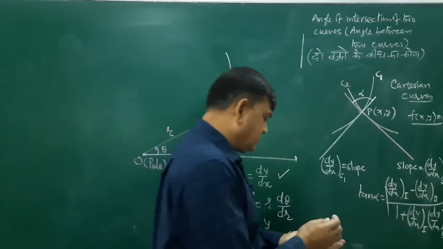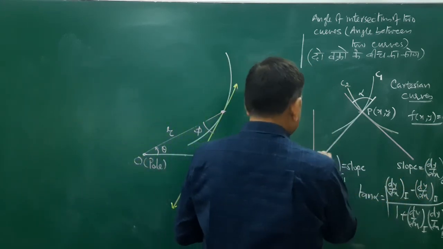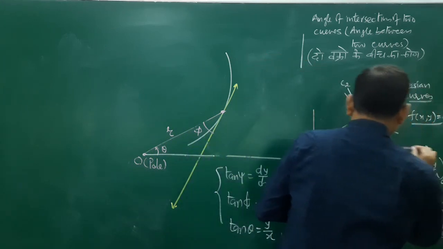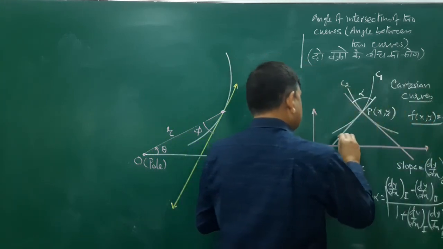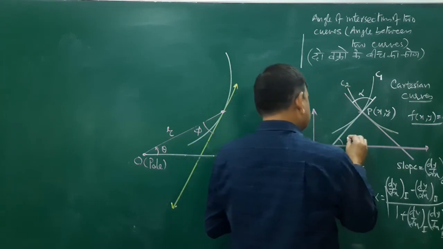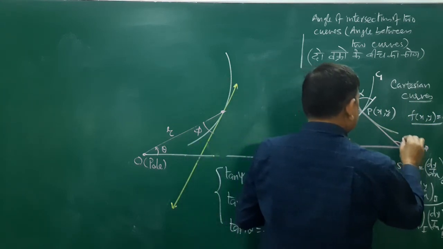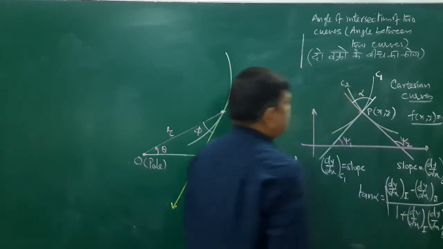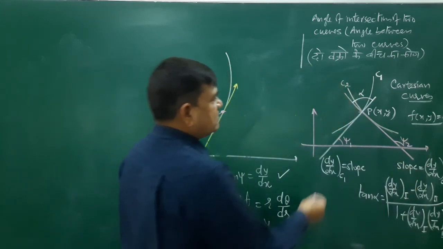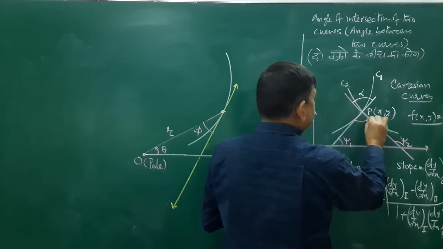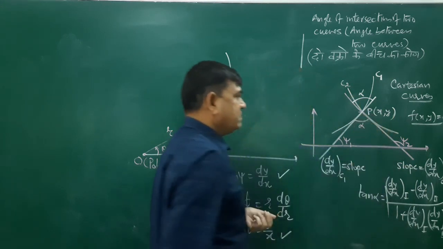Here this angle, if you remember, see, this is psi 1, this is psi 2. Okay, so you can find this angle, and this is alpha, so definitely this is alpha.